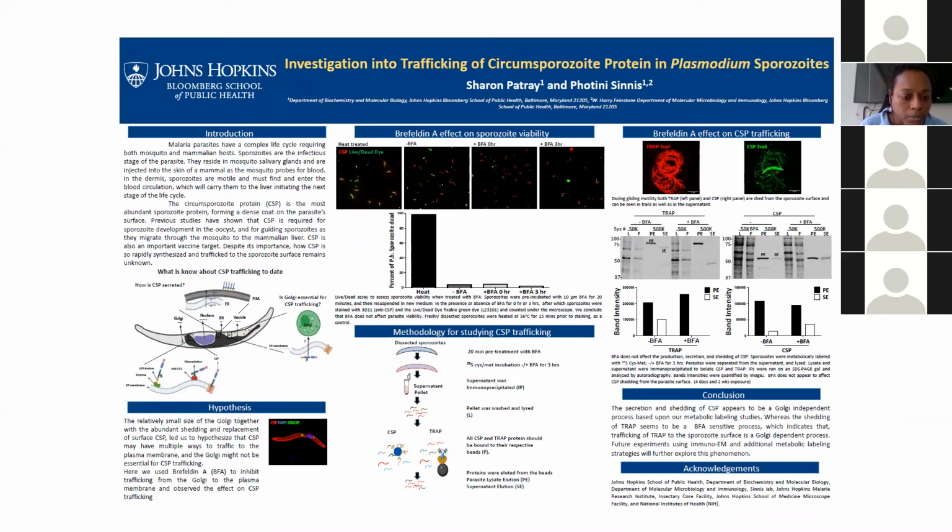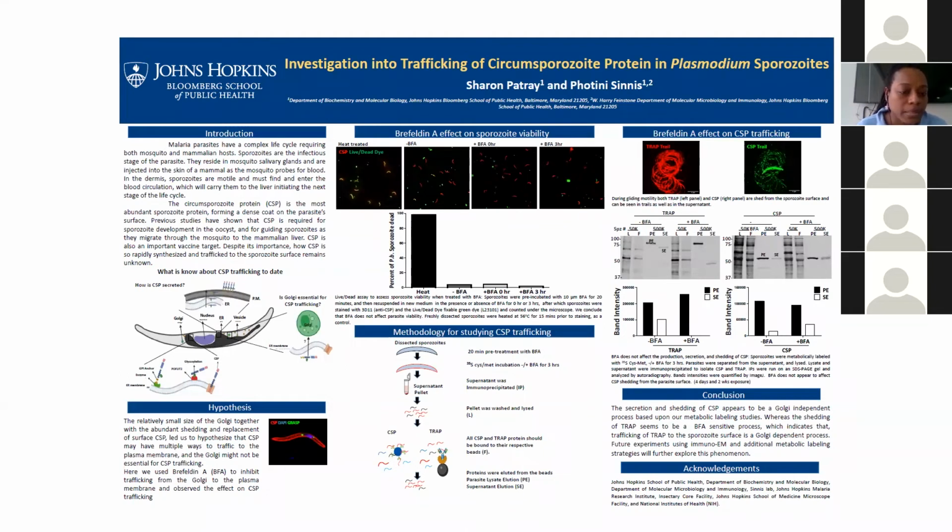If I can draw your attention to the image on the far left under the hypothesis, CSP is stained in red, and you see it's densely coating the parasite surface, but there isn't a lot known about this protein and how it is trafficked.